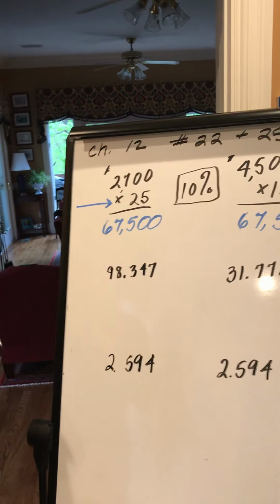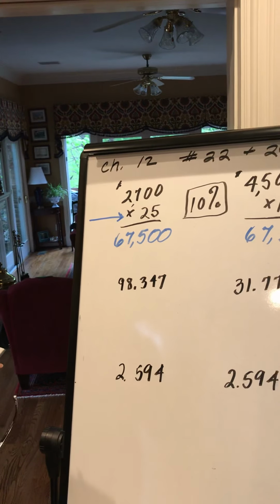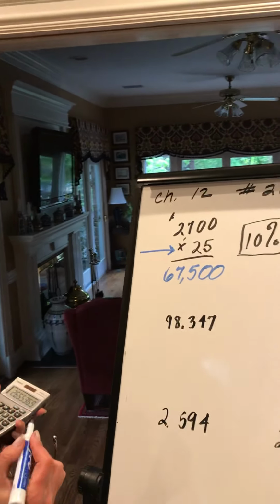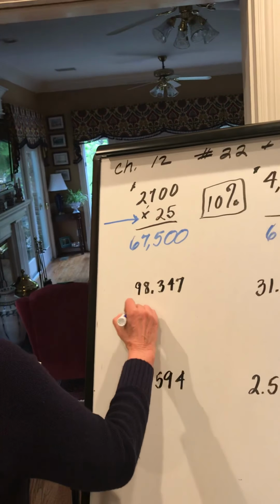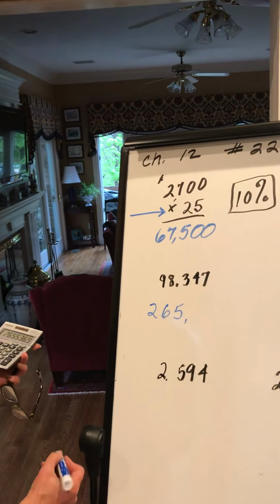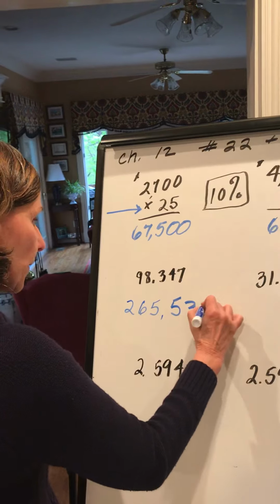So what is $2,700 times 98.347? It will be worth $265,537.